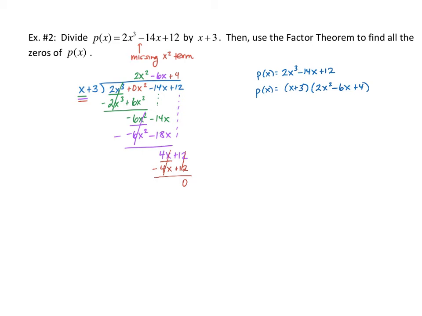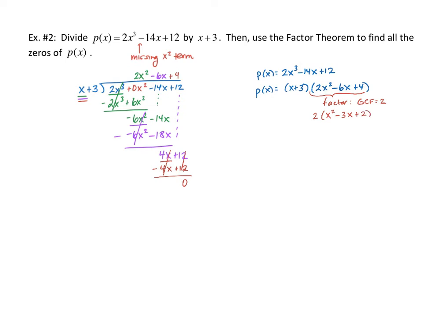You can check if you were to multiply those out, you get back your original polynomial p of x. Well, now that we've been able to factor out that x plus 3, we can continue on with what we know from earlier sections and factor this trinomial that was left behind. They all have a common factor of 2, so we call that a GCF. So I'm going to go ahead and factor out that 2, which leaves an x squared minus 3x plus 2.